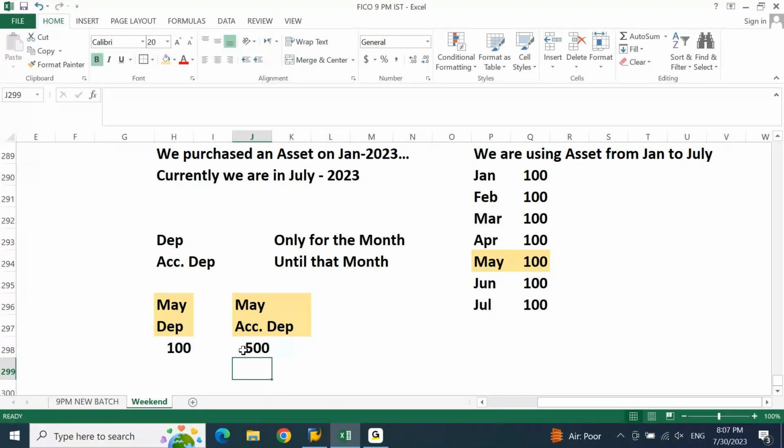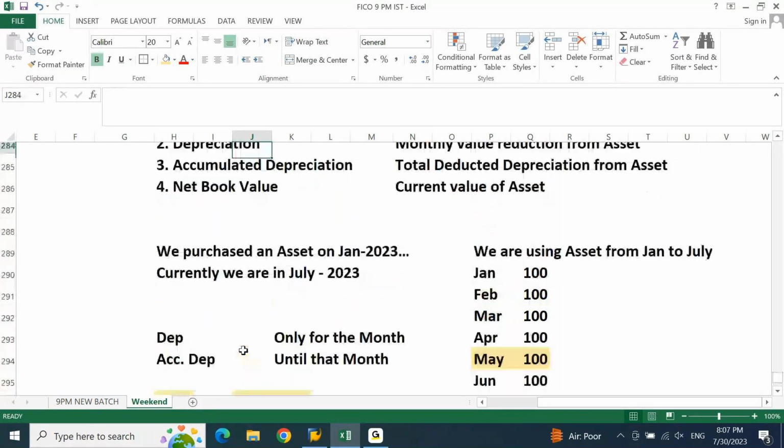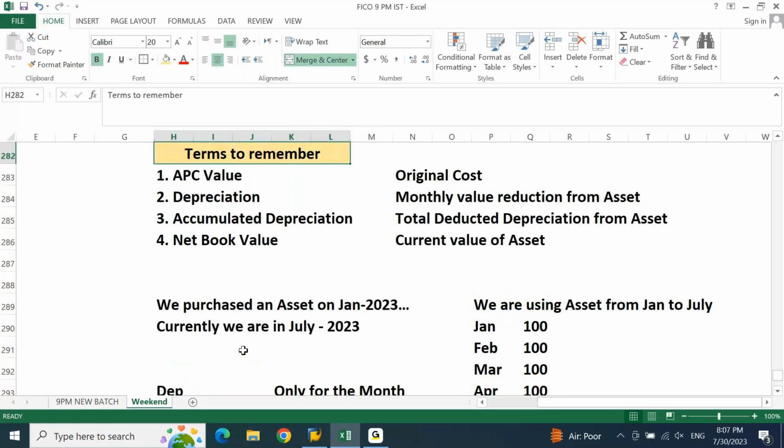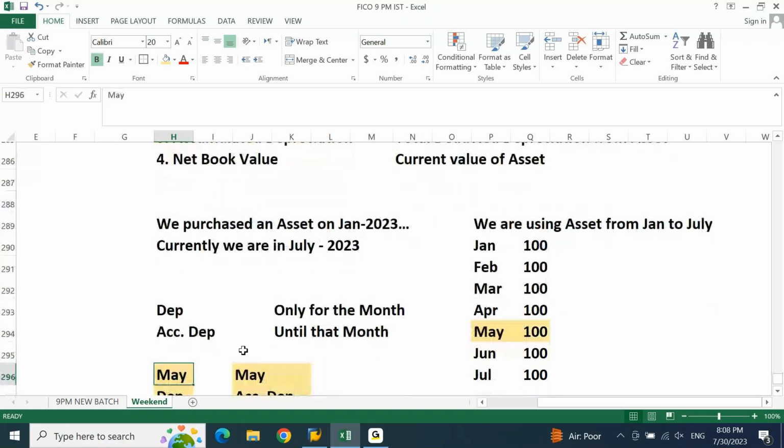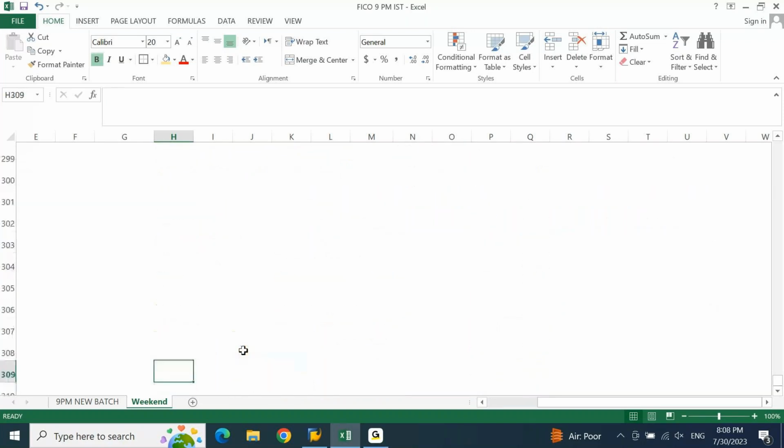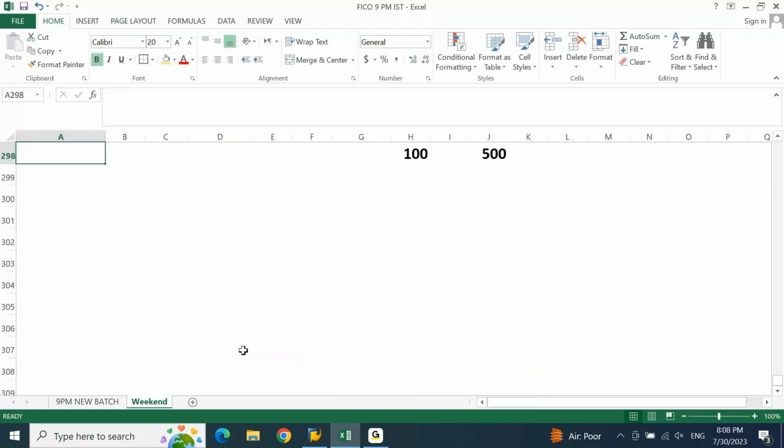Yeah. Now this is how you are going to do depreciation and then accumulated depreciation. Now APC value is nothing but the original cost of the asset. Let's say I am purchasing an asset. Now I'll put another example.